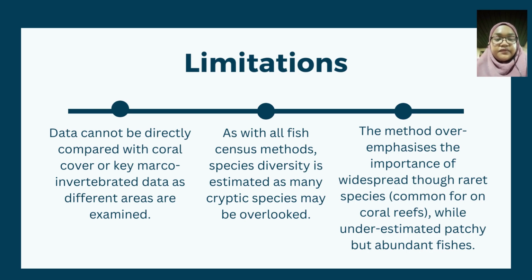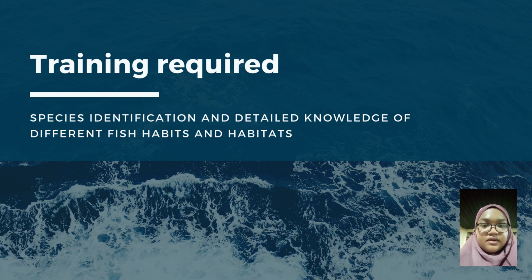Lastly, the method overestimates the importance of common fish species on coral reef and will underestimate fish abundance. Training requires species identification and detailed knowledge of different fish habits and habitats.